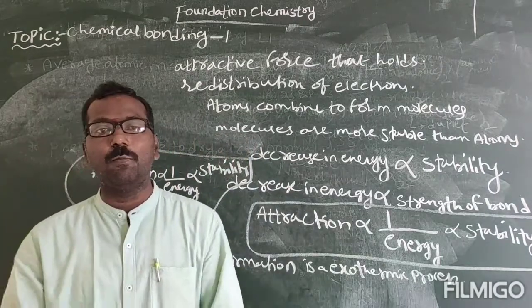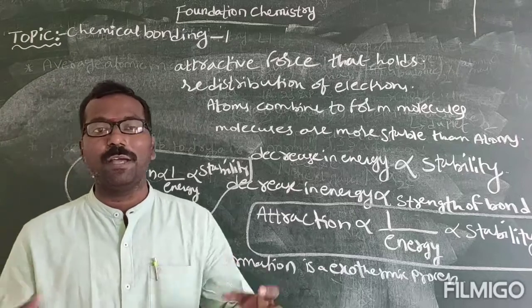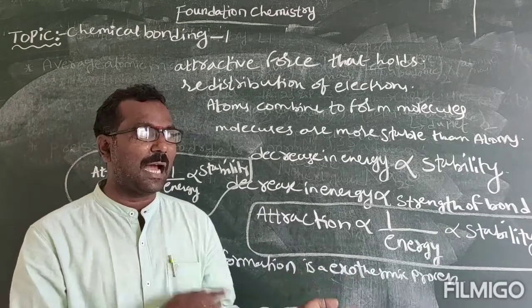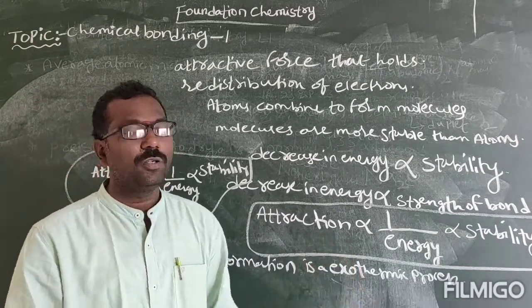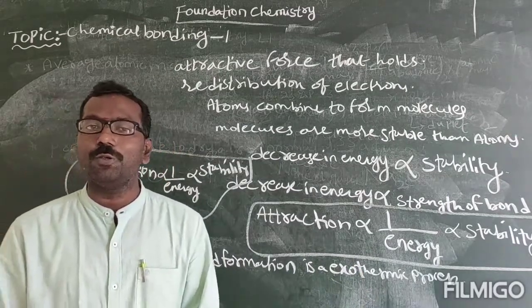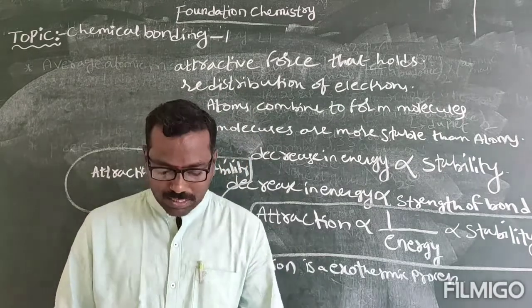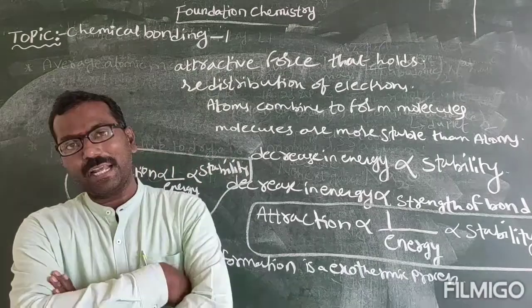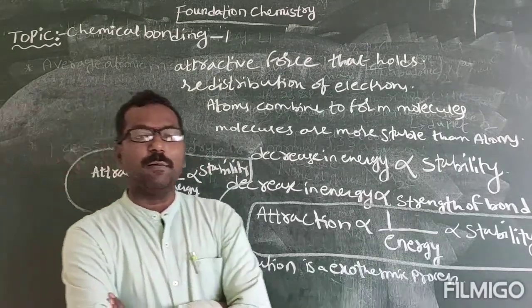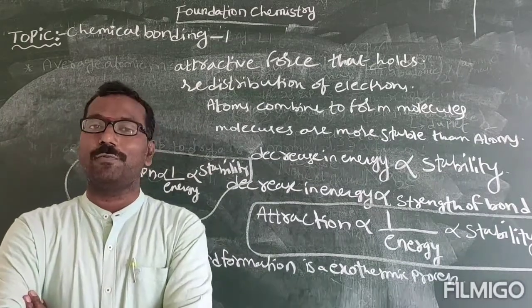What is chemical bonding? It means the attractive force which holds the various constituents, that is atoms, ions, etc., together. That is called a chemical bonding. The redistribution of the electrons is also called a chemical bonding. Except helium, all other inert gases have the octet configuration.